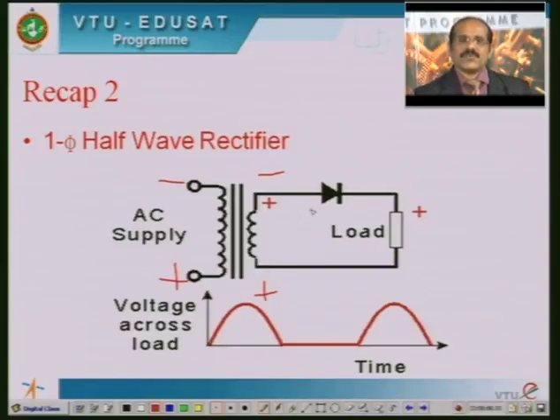Therefore, the diode is said to be reverse biased. When the diode is reverse biased, it acts as an open circuit. Therefore, the load terminals are disconnected from the source terminals, so the output becomes 0. That is what you can see in the waveform here. So, using a single phase half wave rectifier, we are able to get a pulsating DC output, which is shown in the figure.